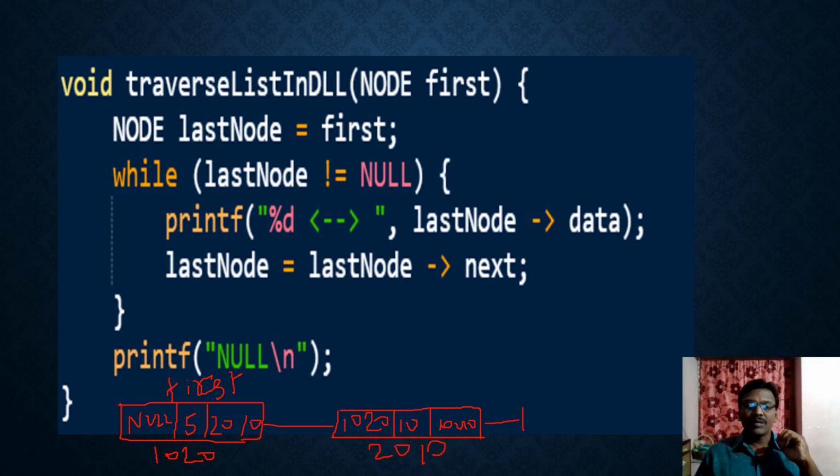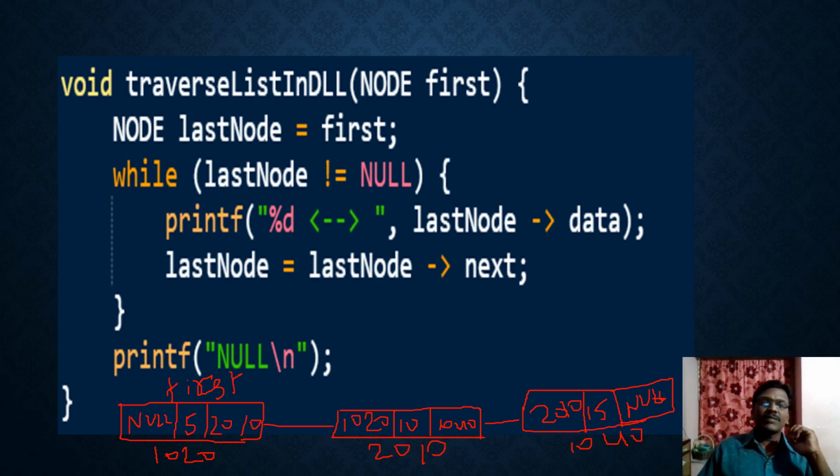Now another, and null previous is for 1020. In this, first is representing 1020.